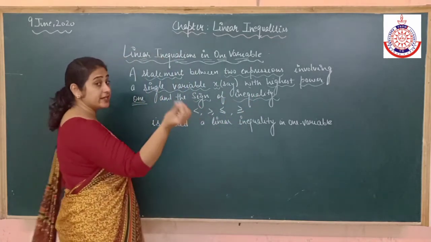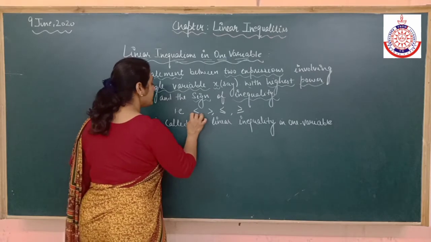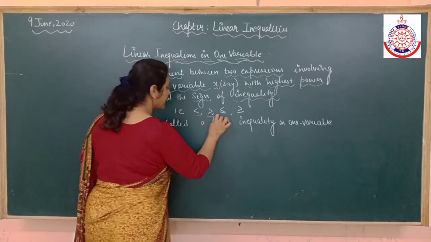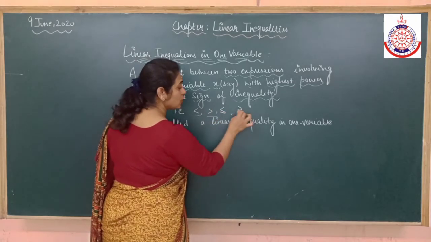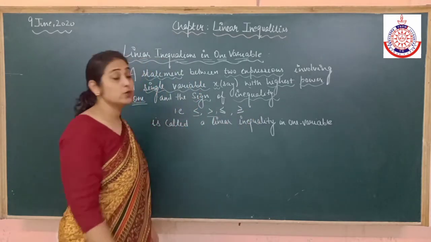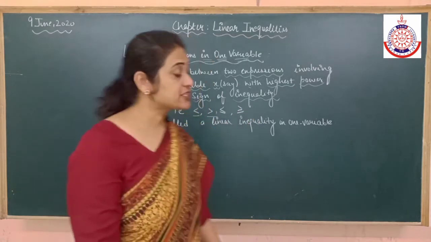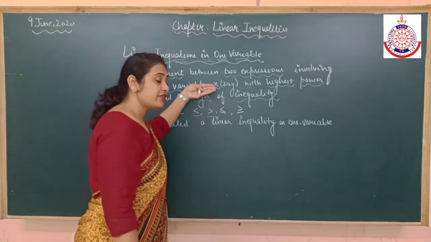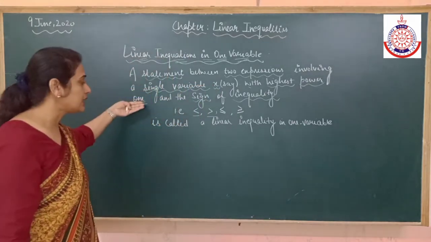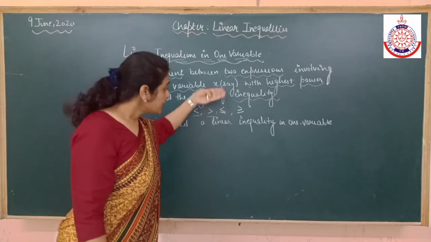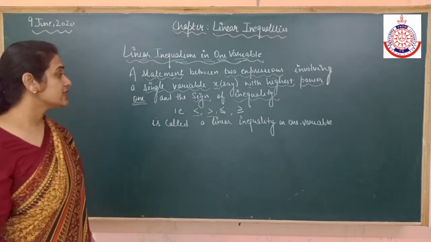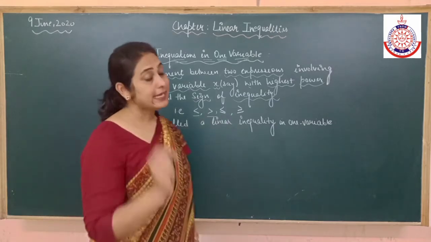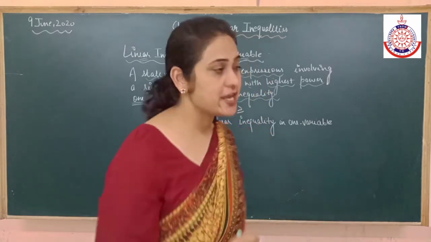It may be less than, greater than, less than or equal to, or greater than or equal to. If an expression involves one variable, highest power 1, and any inequality sign, that is called a linear inequality.